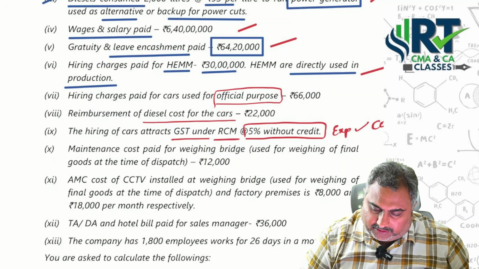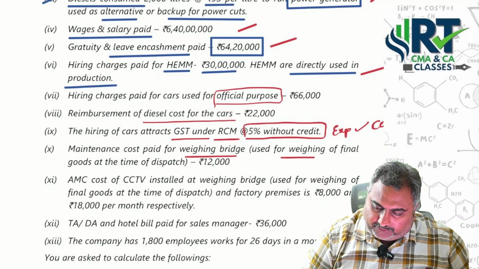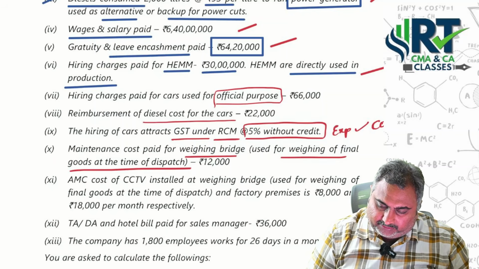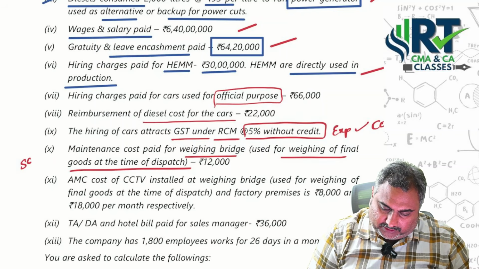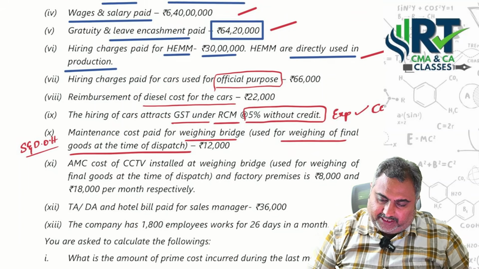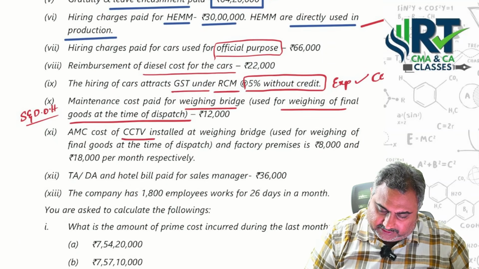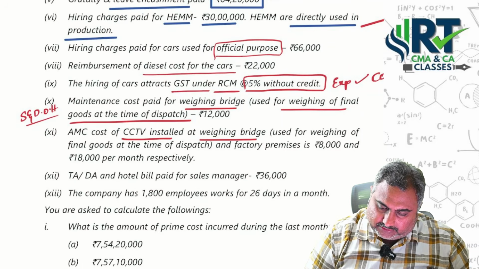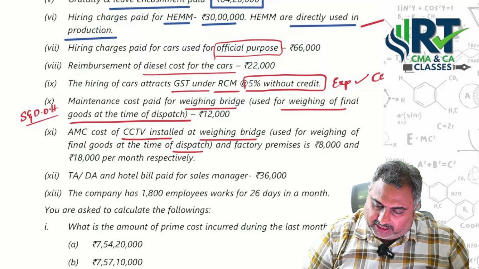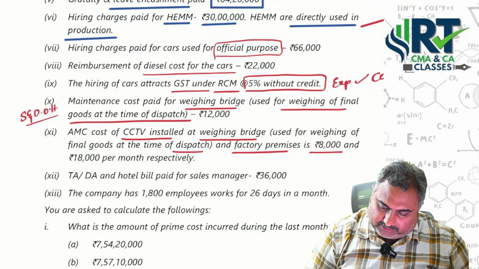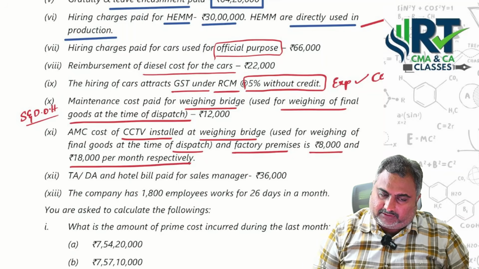Maintenance cost paid for weighing bridge, used for weighing final goods at the time of dispatch. So this is covered under selling and distribution overheads. And AMC cost for CCTV installed at the weighing bridge, used for weight of final goods at the time of dispatch only, and factory premises is 8,000 and 18,000 per month respectively.